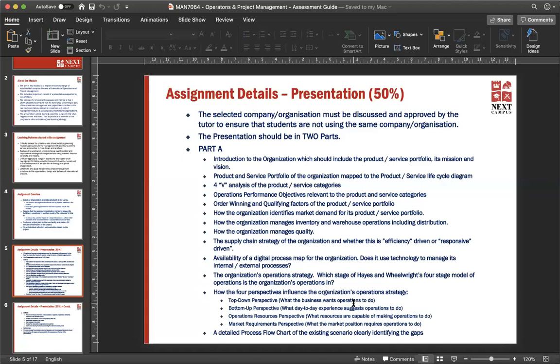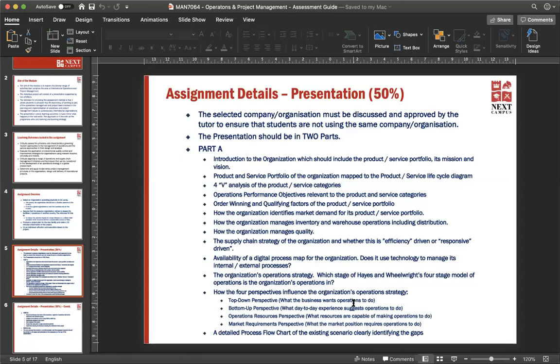Then the next one is the operations resource perspective. Resources may have changed, right? Say, for example, if you are in the manufacturing business, some of the equipment that you are using is getting outdated and there is no support for it.